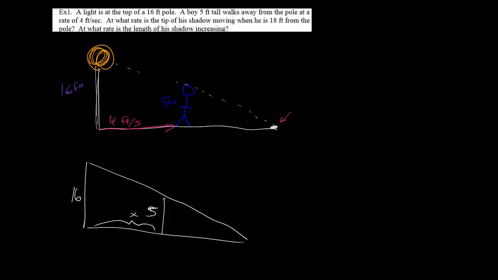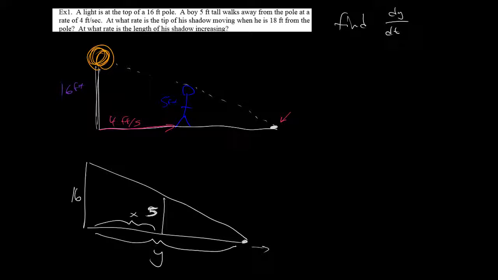We have our 5 value over here. And we want to know, let's call this y, how the distance of his shadow is changing. So we want to find the rate at which his shadow is increasing out. Well, that's just the rate at which our y value is increasing with respect to time.